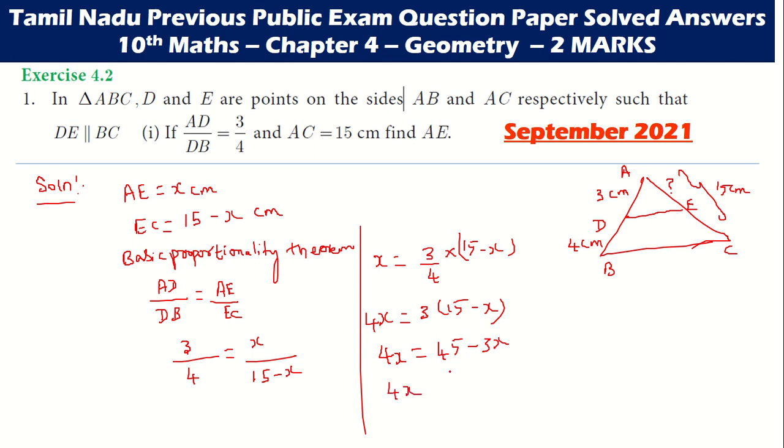So 4x, when this comes to this side, plus 3x is equal to 45. So that means 7x is equal to 45. So x is equal to 45 by 7, which means x is equal to 6.43 centimeter.